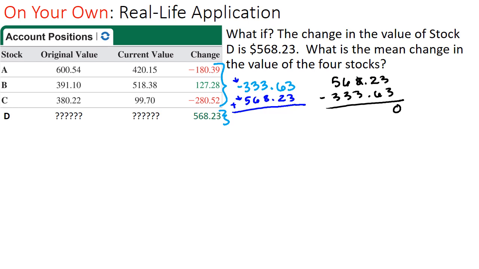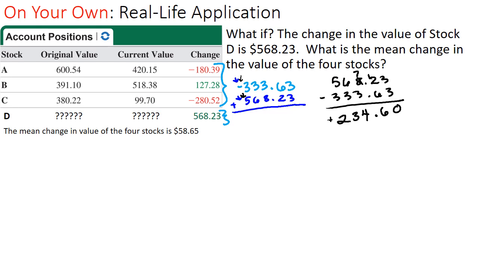And we're going to borrow from this 8, make it a 7, so I have enough to take away. So now I have 12 minus 6, which is 6, 7 minus 3, which is 4, 6 minus 3, which is 3, and 5 minus 3, which is 2. So now I have 234.60. Now as I look at this, I know I had a negative plus a positive, and my bigger number was positive, which means my answer over here is going to be positive.